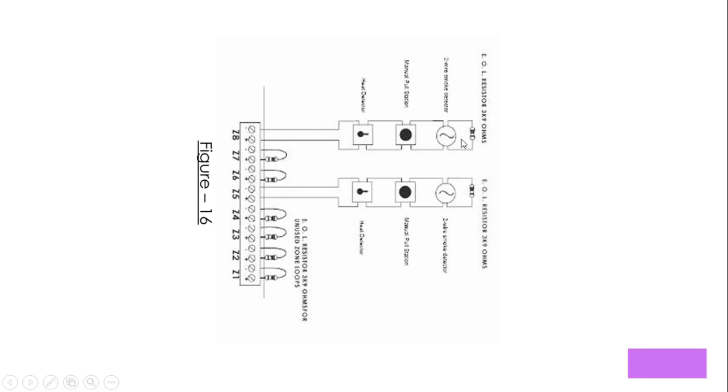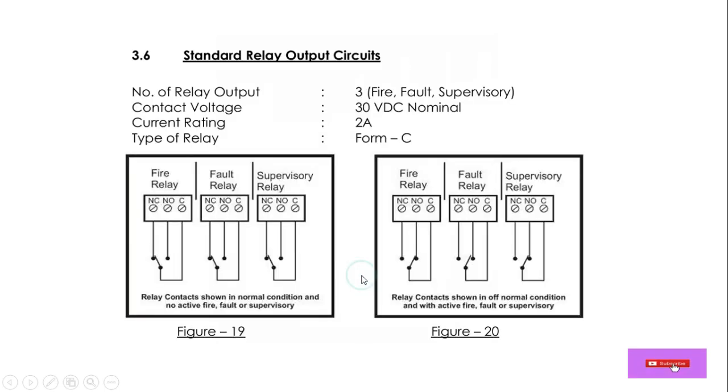At the end we have to use an end of line resistor to terminate the zone. In this way it will be wired. The empty zones we can short through this resistor.